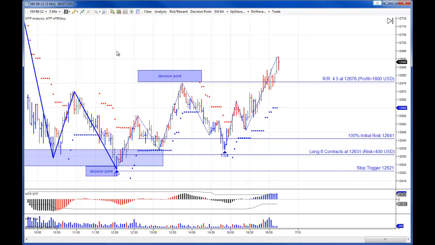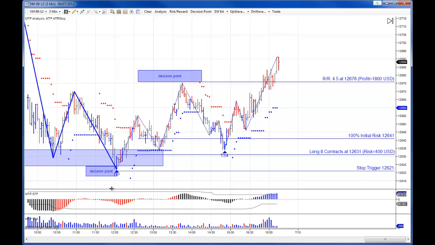So hopefully this has been a very good video to show you how we can use our 15-minute DP zones to project in advance larger degree support and resistance zones, and then how we can use our automatic trade setups that fall in the direction of those larger degree trends.